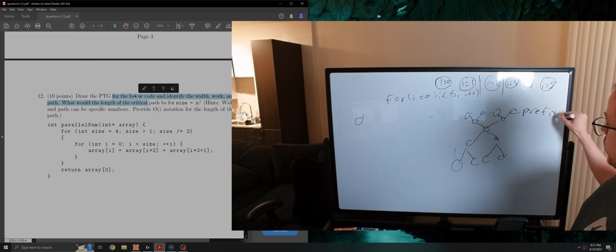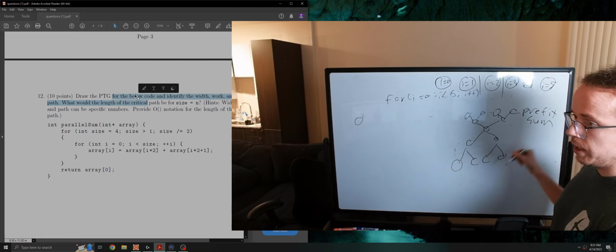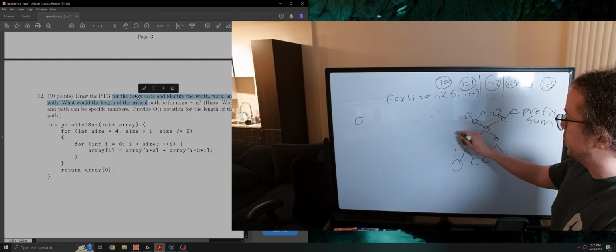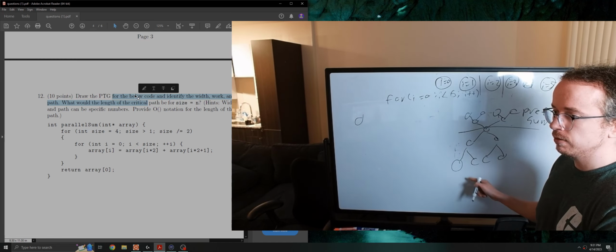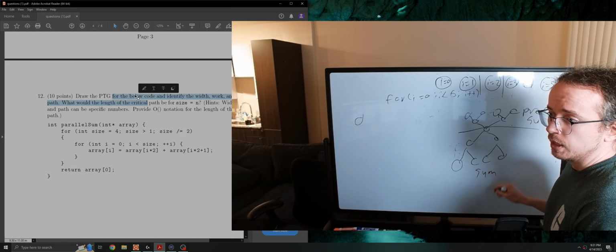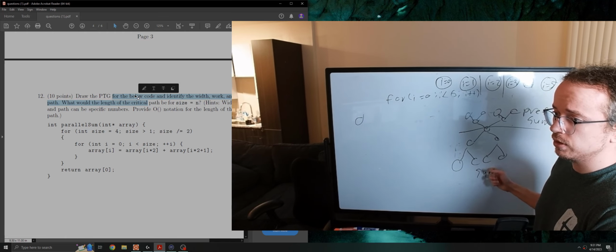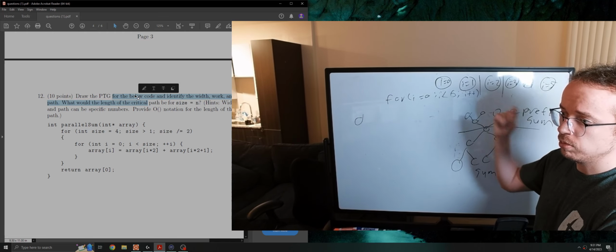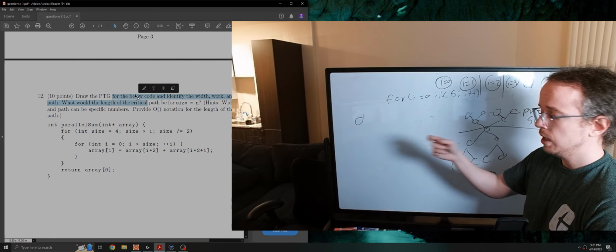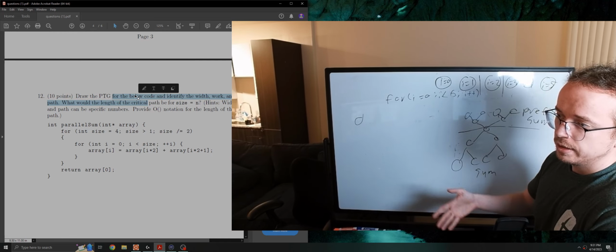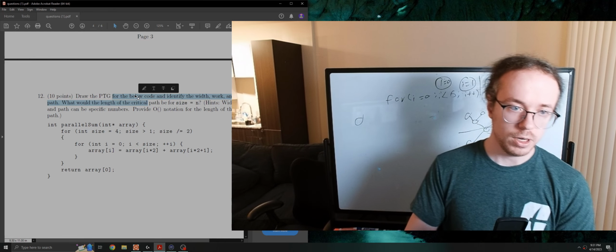Well, the first half of the prefix sum, and we talked about this in class the 2 days that we did this problem. The first half, the bottom half, is just a regular sum, which is similar to the way this one does it. It's just when we did this in class, we didn't do it in place. We did it out of place. But otherwise, the tree is almost identical.